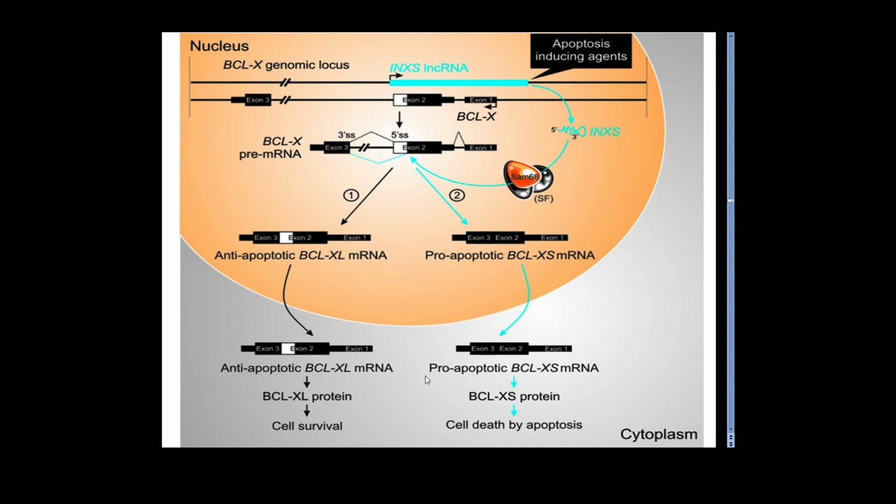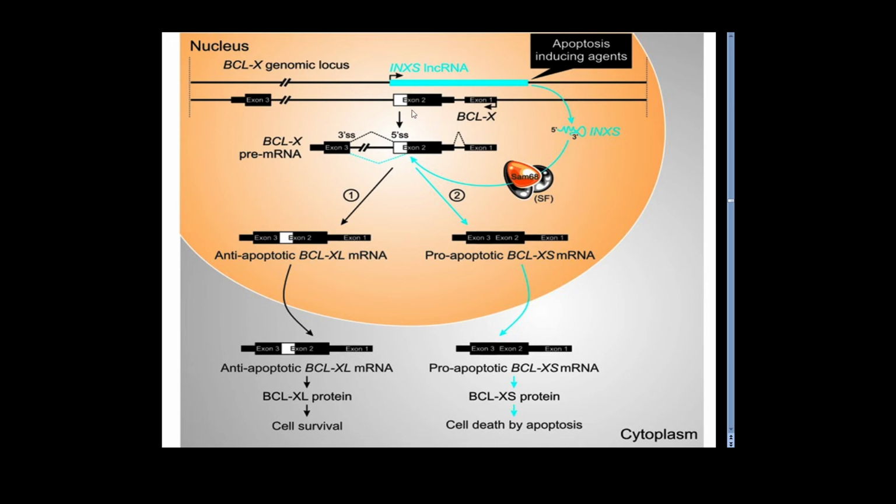Sometimes there may be alternative variants of functions. For example, cells synthesize one of the components of regulation of apoptosis, the so-called BCL gene, a genomic locus with a combination of different exons.